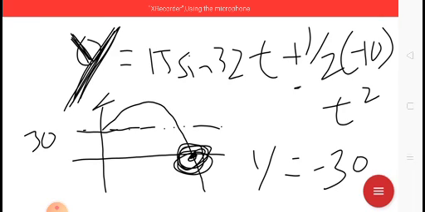Let's say I use the starting point as my reference point, so my y will be negative 30. Now I can regroup my equation.